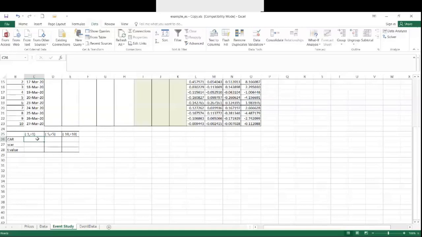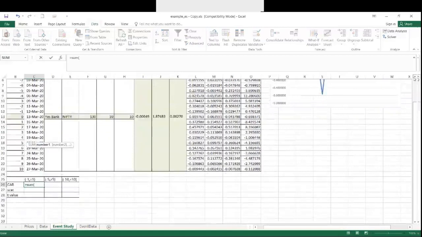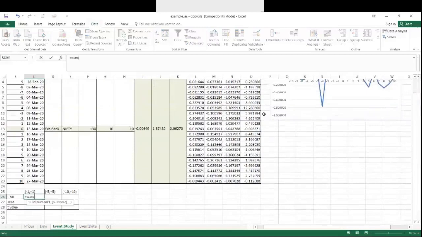All I have to do is take the sum of abnormal return over these 3 days. So this is the cumulative abnormal return.